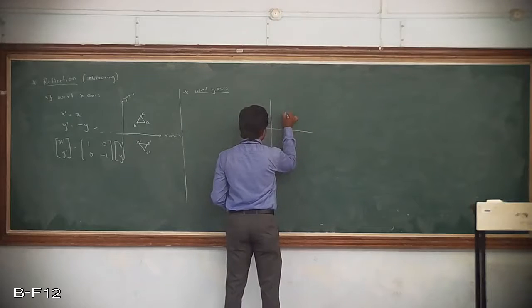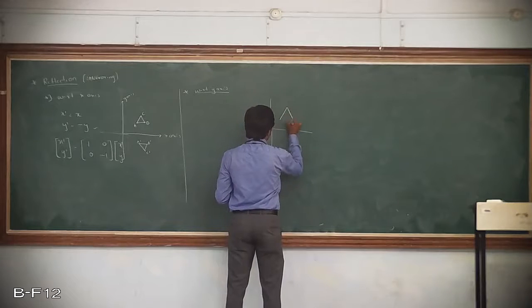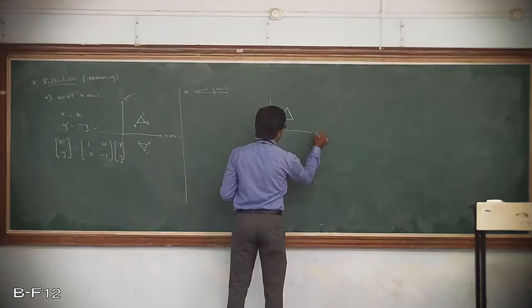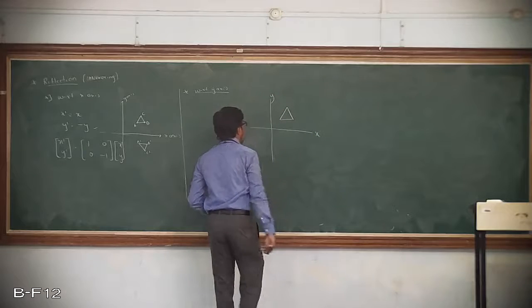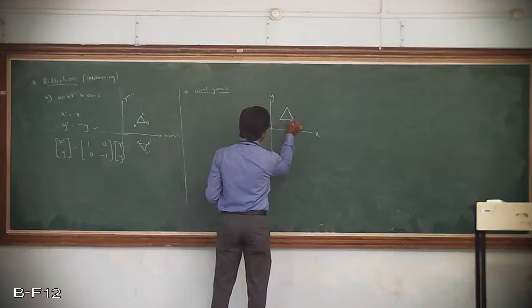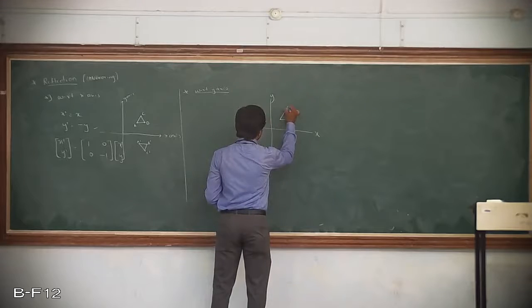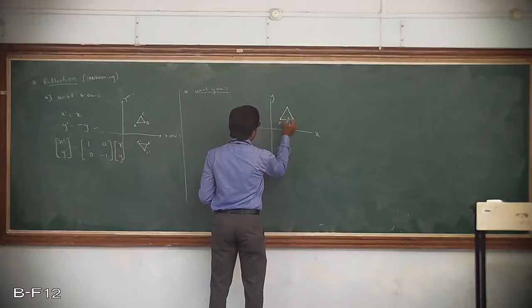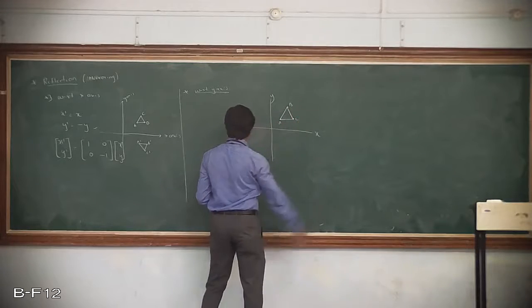If I take a triangle here, I'll draw it a bit big. I want to take a triangle like this here, and this is the x axis and this is the y axis. It has certain points. You can just observe that this is 1 point, this is 2, this is 3, this is A, this is B, and this is C.